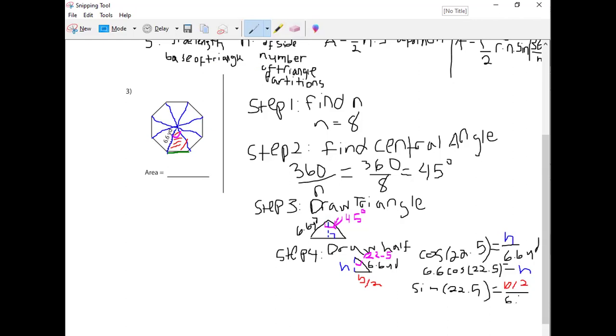Then I'll multiply both sides by 6.6. So 6.6 sine 22.5 will give me half my base.